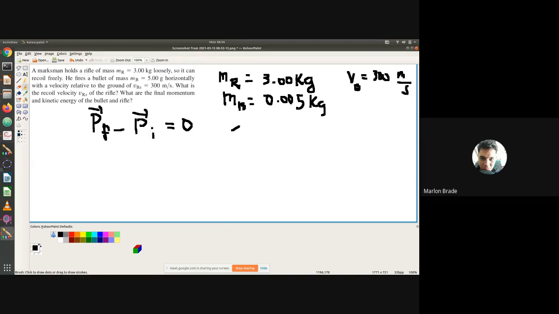By the way, asa nag-move ang bullet horizontally? So, let's assume nga dituha nag-move ang bullet. So, mao na ang direction sa bullet. So, okay. So, initially, the momentum is 0, no? Kay duha, wala pa siya nag-move.